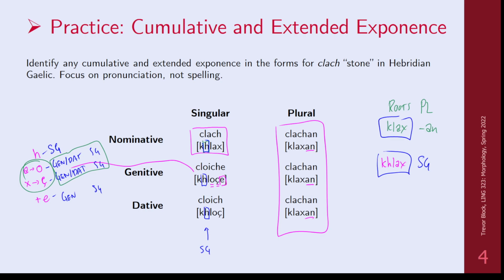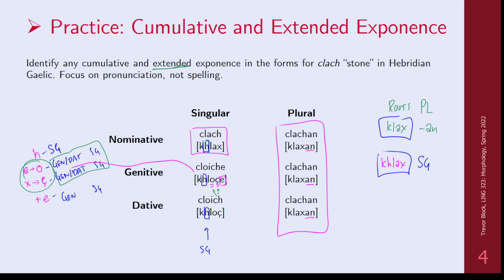So there's one meaning being spread across two different processes. That is our example of extended exponents. With extended exponents, we see that the genitive and the dative might be split over multiple different processes.